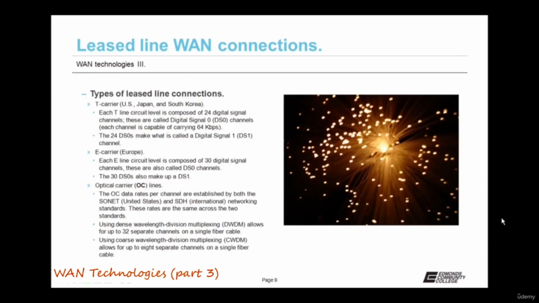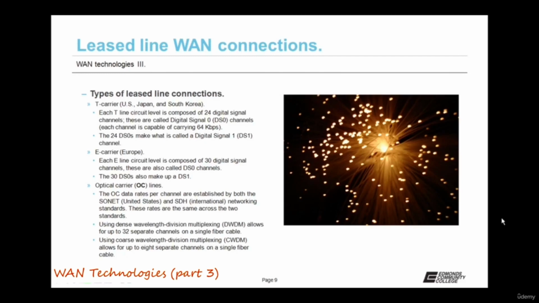There are different types of leased line connections. In the United States, Japan, and South Korea, there are T carrier lines. Each T line is composed of 24 digital signal channels. These are often called digital signal zero channels, or DS0 channels. Each channel is capable of carrying 64 kilobits per second.